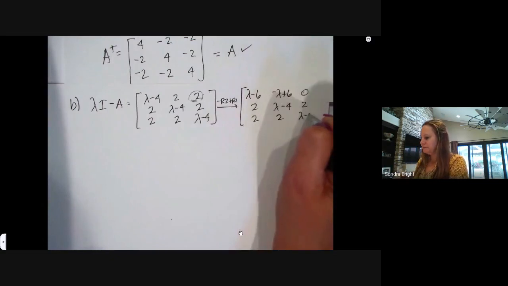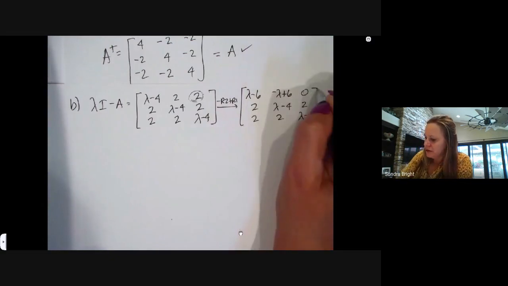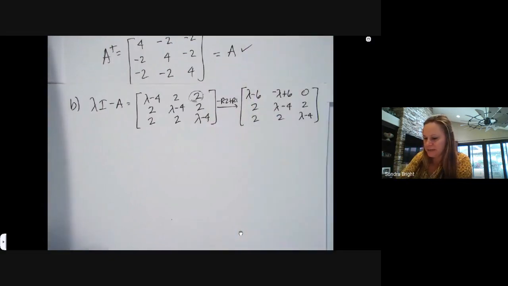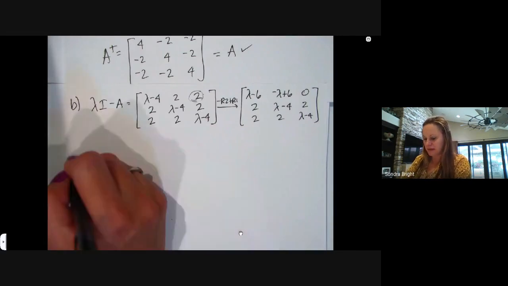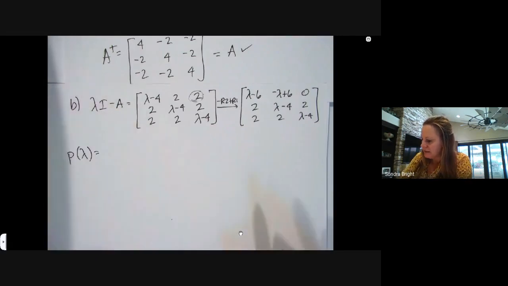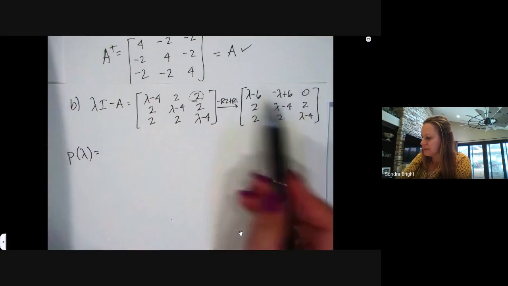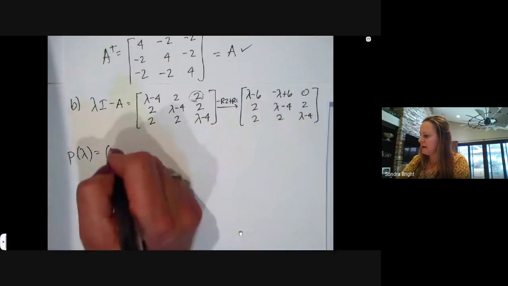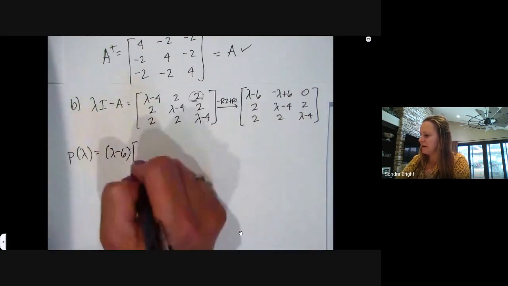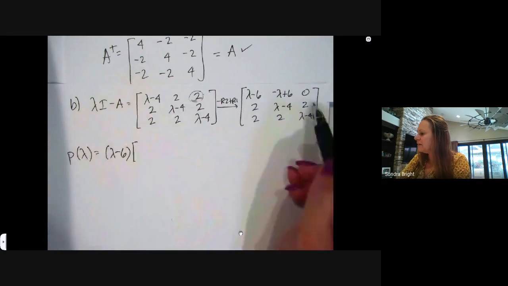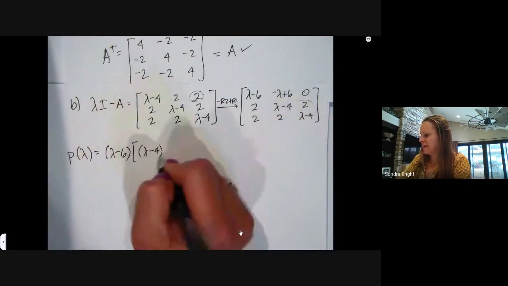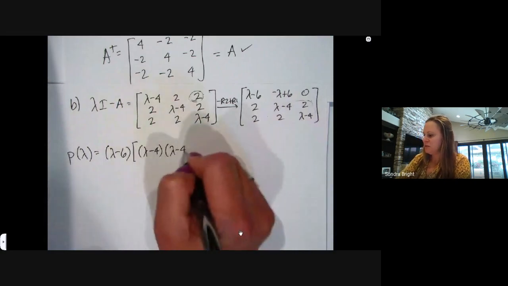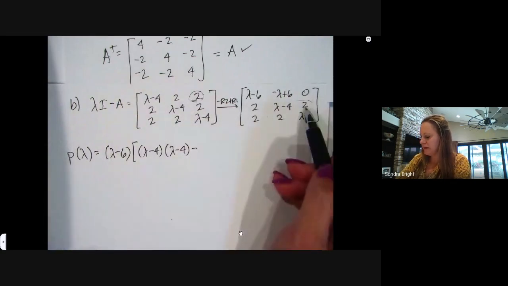There we go. All right, so your characteristic polynomial is the determinant of this matrix. So I'm going to take this lambda minus 6 times the determinant of this minor here. So it'll be a lambda minus 4 times another lambda minus 4 minus 2 times 2, +4 there.